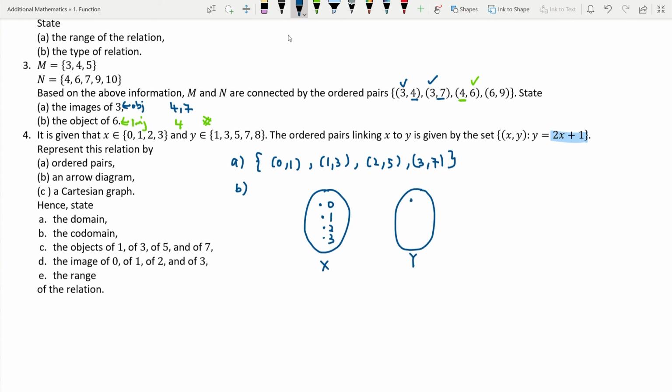Set y, we have 1, 3, 5, 7, and 8. 0 is linked to 1. 1 is linked to 3. 2 is linked to 5. And 3 is linked to 7. And the relation is y equals 2x plus 1.